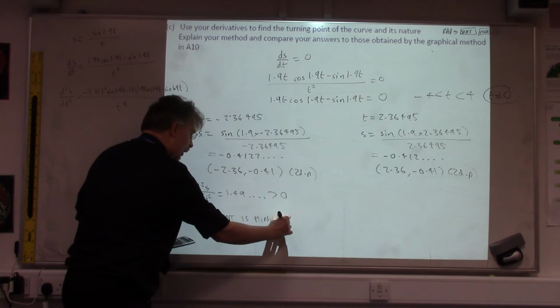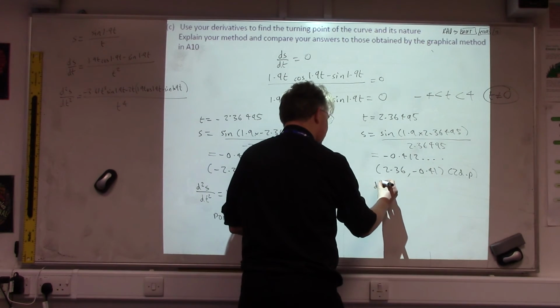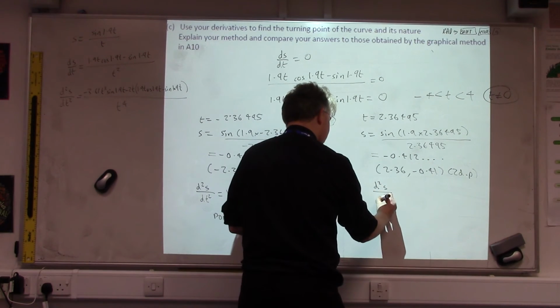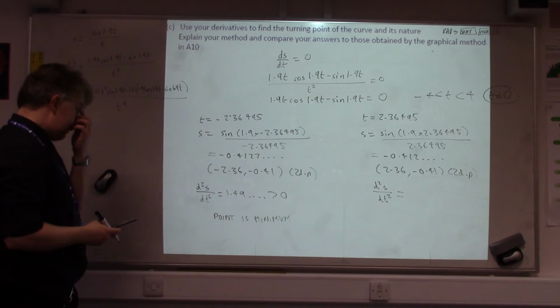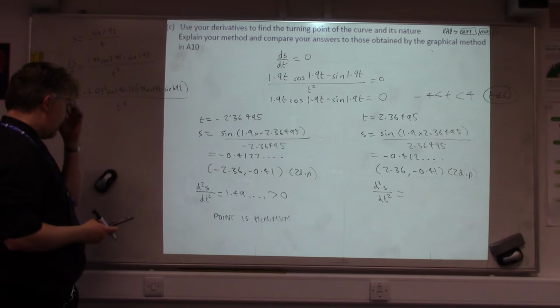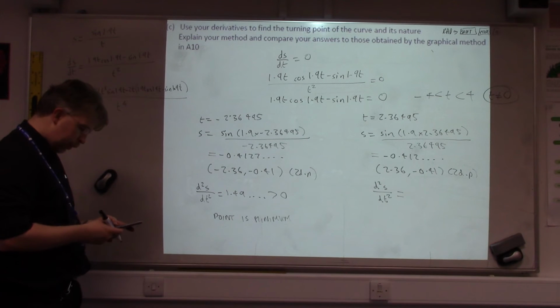I'm going to have to do the same thing, alas, for the other point. I believe we could just get the same value out, but I'm not 100% sure, so we're going to have to do it.